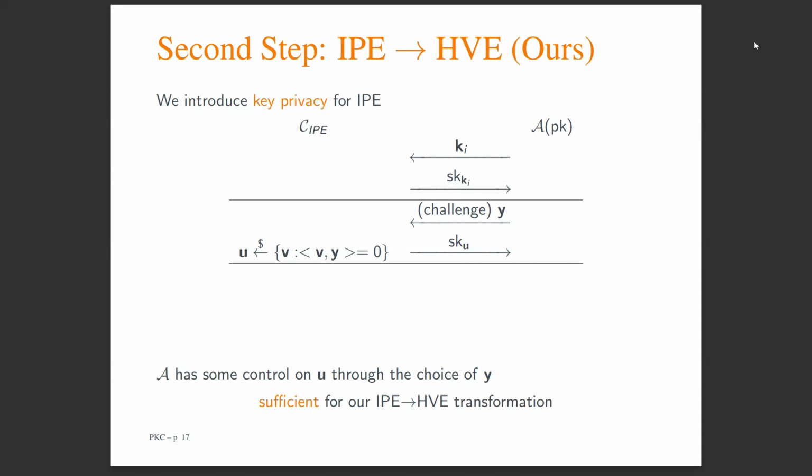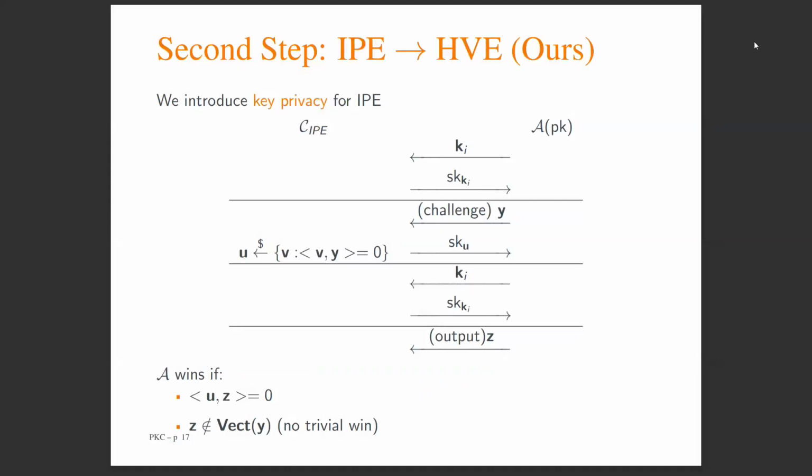So an adversary can make some key queries as usual, and at some point it will select a challenge vector Y and receive a secret key SKU for a vector U which is orthogonal to Y. And its goal will be to find a new vector Z, which is orthogonal to U and which is not collinear to Y, because otherwise it can trivially win.